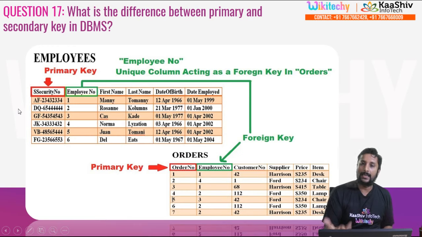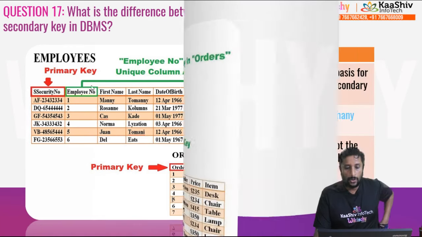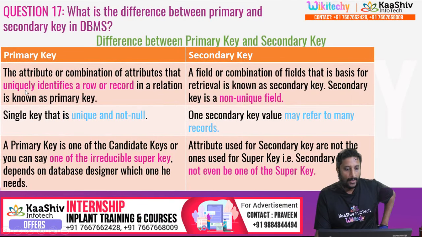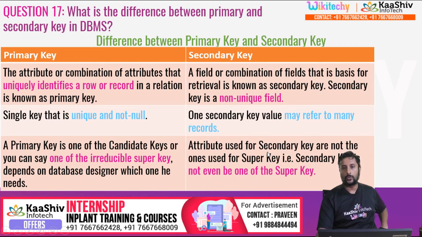The second key to identify a record in a table is called a secondary key. So this is the difference between the primary key and the secondary key. It's a combination of fields.